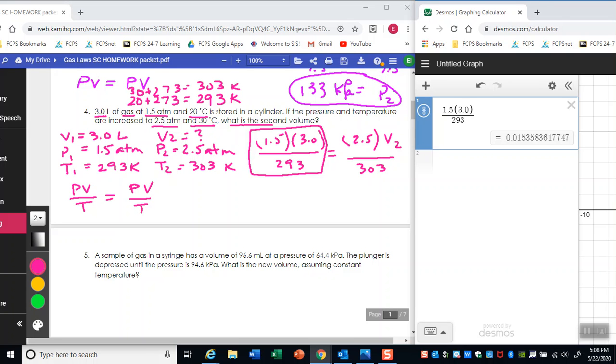The next digit is a 5, so I would round up to 4. So this equals 0.0154.